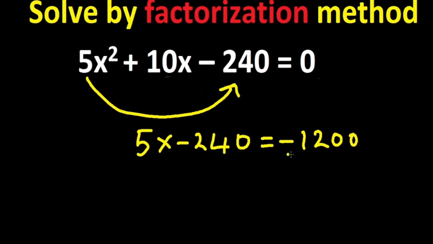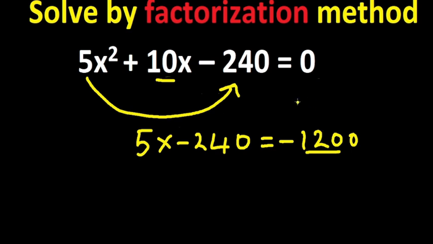Next, we're going to find the factors of negative 1200 that will sum up to give us 10x. Now, to do that, it's going to take lots of time, and it's going to be difficult and daunting, because there are many factors of negative 1200.